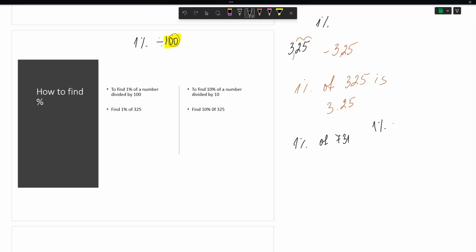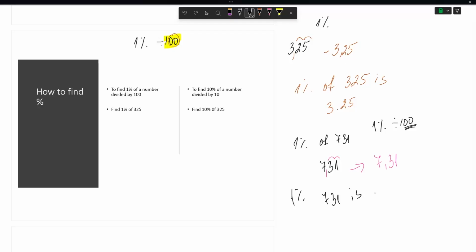So in your number 731, you start counting from the back, 1, 2, and you put your decimal point here, so it's going to be 7.31. So 1% of 731 is 7.31.